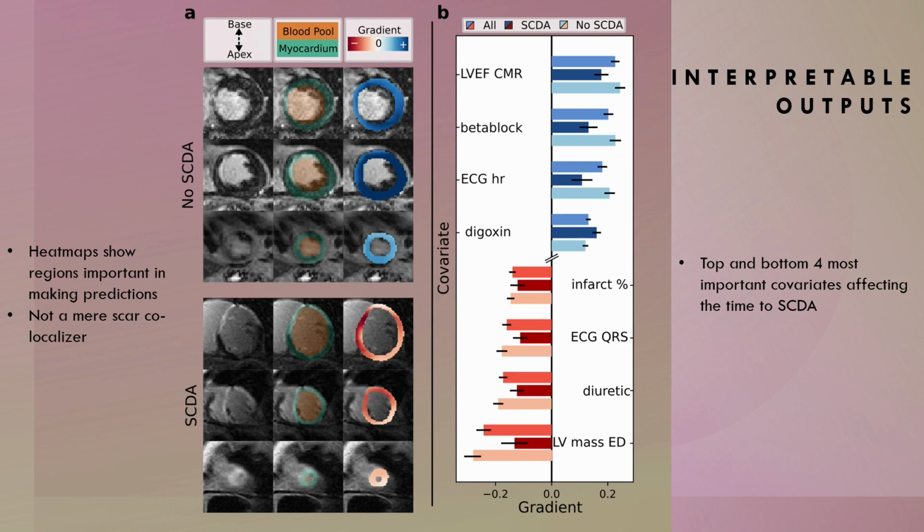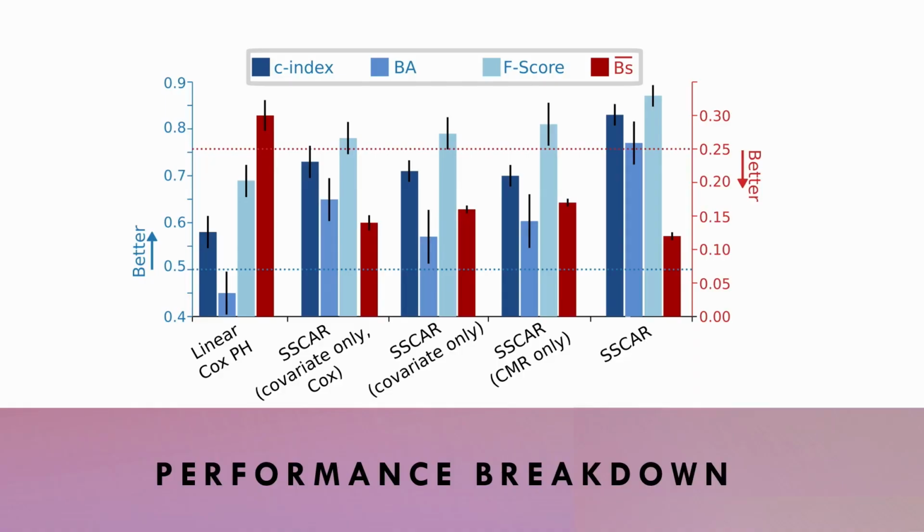So it is not really a scar co-localizer. The neural network does not pick only the scar. It is a combination of the location of the scar with the geometry of the heart and so forth. So you can see that it makes a decision that is not simple.